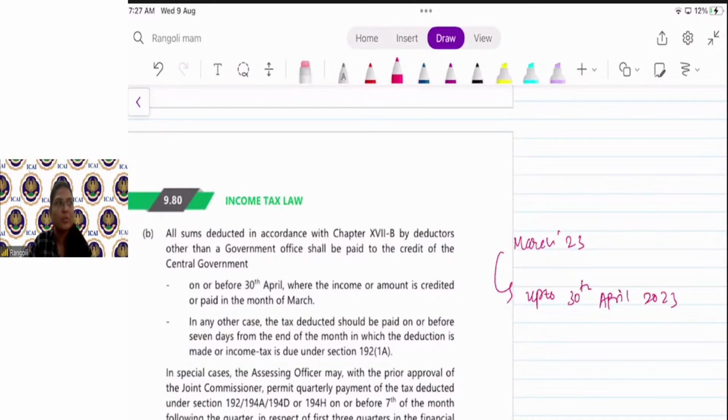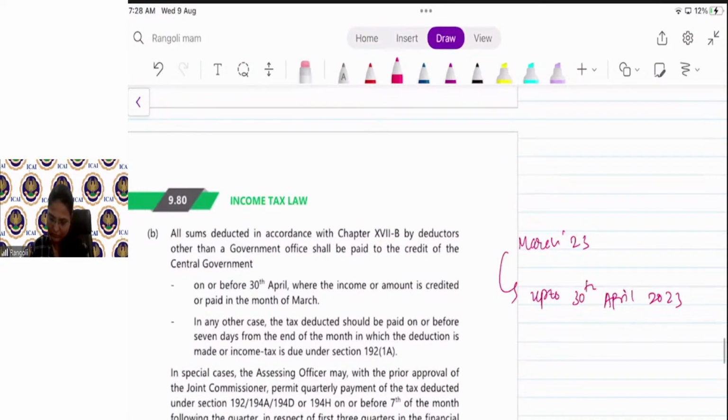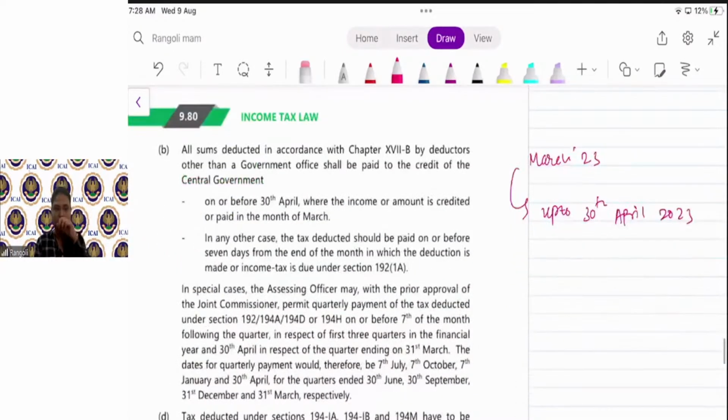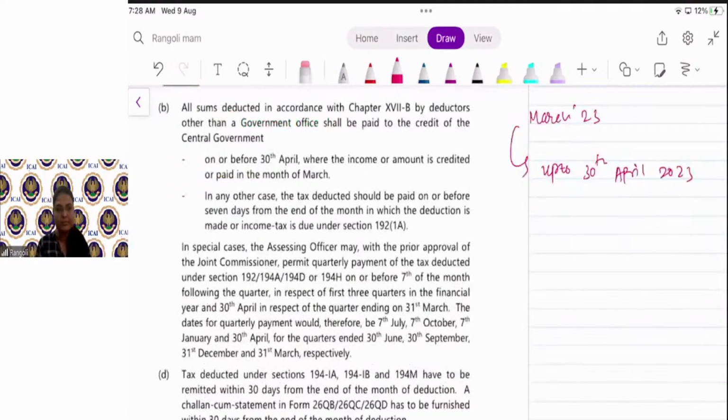Other than March, that is April to February, if TDS is deducted, then it should be deposited within 7 days from the end of the month in which TDS is deducted. But if the TDS is deducted in March, then it should be deposited to the government up to 30th April. Clear, everyone? Due date for deposit of TDS.